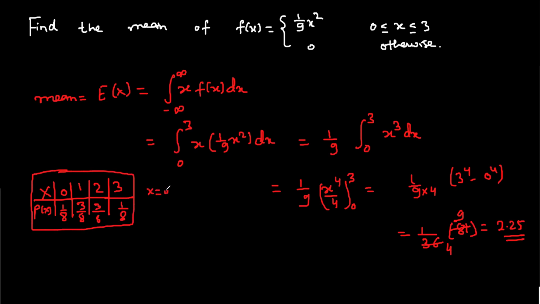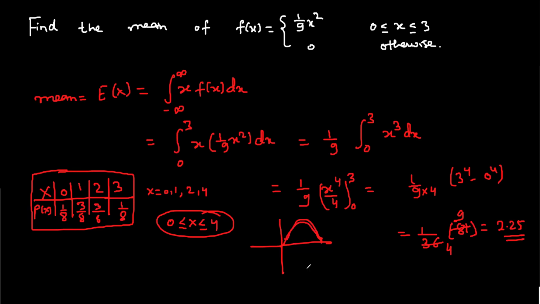Don't write it in this way: x goes from 0 to 4. This is continuous. Continuous means x goes from 0 to 4, a continuous graph. But discrete is 0, 1, 2, 3, 4.